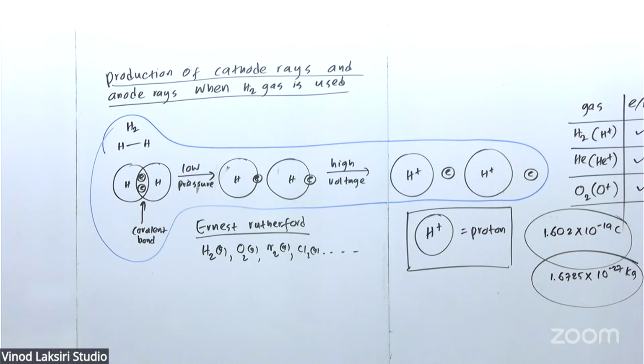Therefore, they are traveling from cathode to anode as cathode rays.